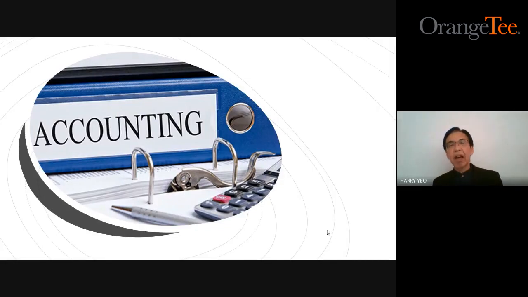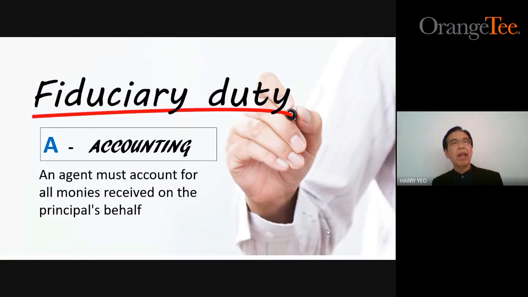The next one is accounting. C is for confidential information, A is accounting. So we, the agents of Singapore, have a duty to account to the client for all monies received on behalf of the client. We know that as agents, we cannot receive the option fee. We cannot receive the security deposit for HDB rental.